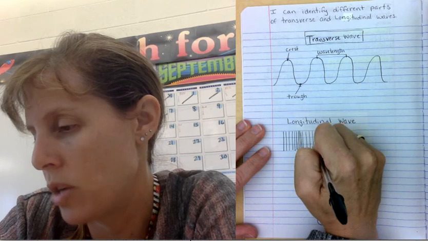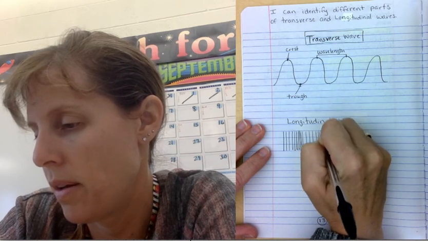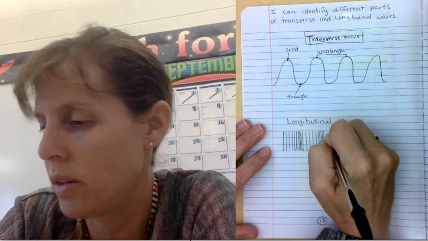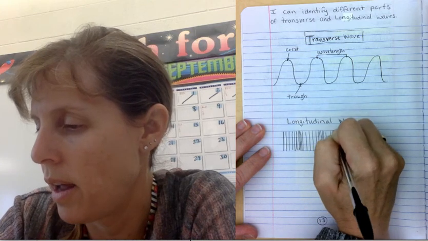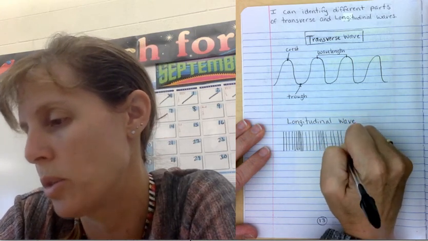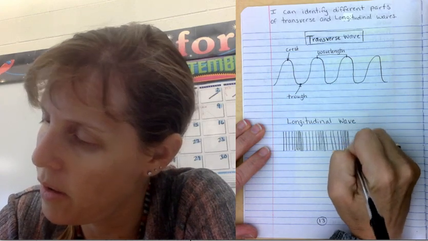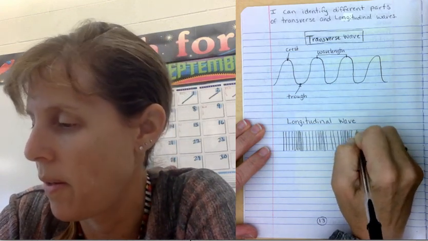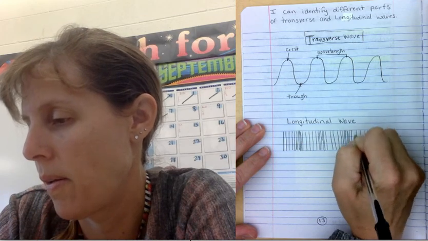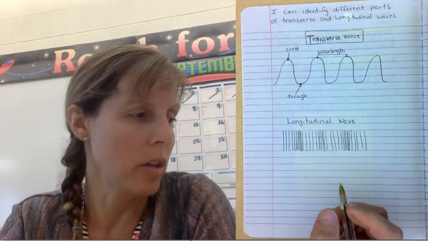And I'm going to make sure that you can see something called compressions and rarefactions. These are all super straight lines, right? Because I'm super perfect at drawing super straight lines. Okay, so this is a longitudinal wave.